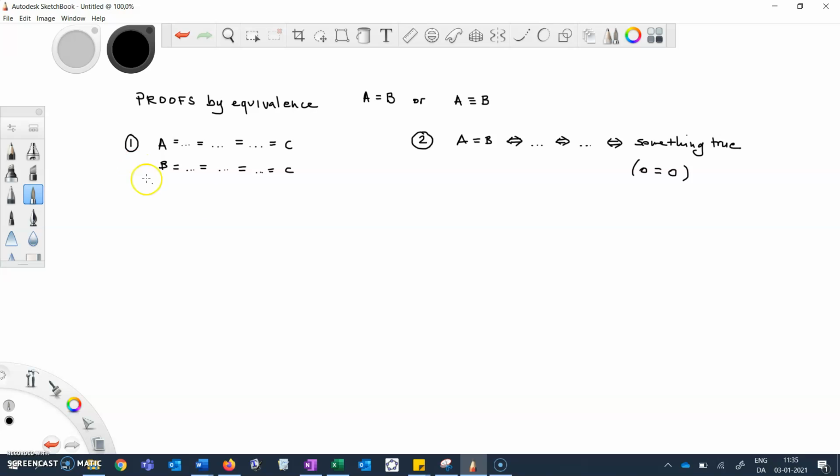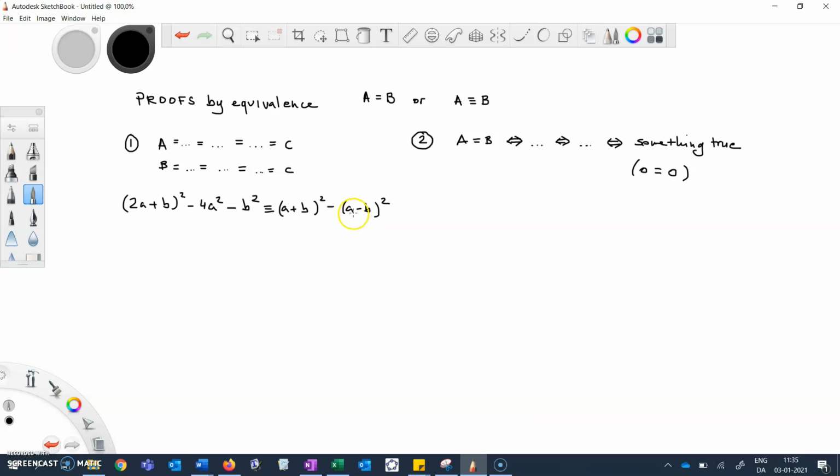So let's try to have an example for the first one. Let's say that I want to prove the identity of (2a plus b) squared minus (4a squared minus b squared), identity (a plus b) all squared minus (a minus b) squared.